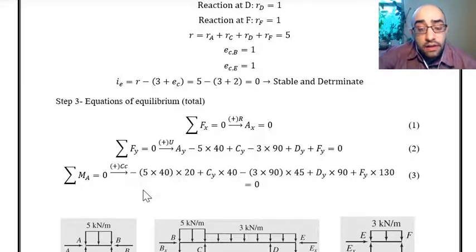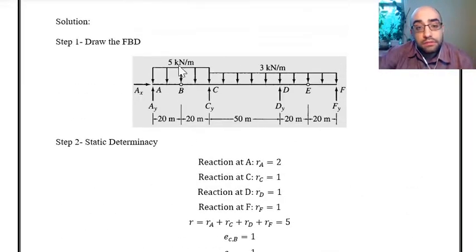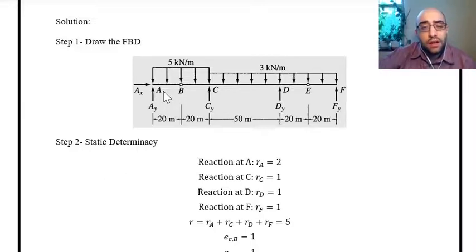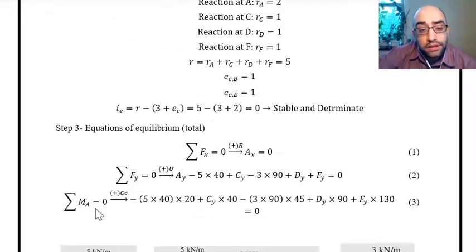I can calculate or include the other equation, which is summation of moments about one point, let's say point A equal to 0. We can calculate the moment because of each of these forces and loads about point A, but I already know that it's not going to help me because we have too many unknowns, and even with 2 equations we cannot find all of them. I did it over here.